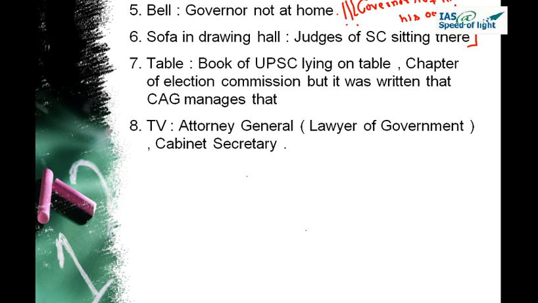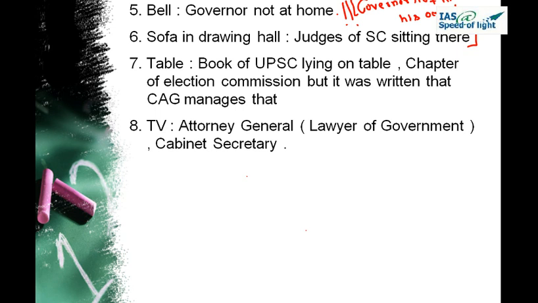The chapter of the Election Commission, in whatever UPSC book you follow, there is a chapter regarding the elections. So the chapter of Election Commission was opened in that book, and you were interested to see that book. What you saw there was that CAG manages Election Commission, but it is wrong.